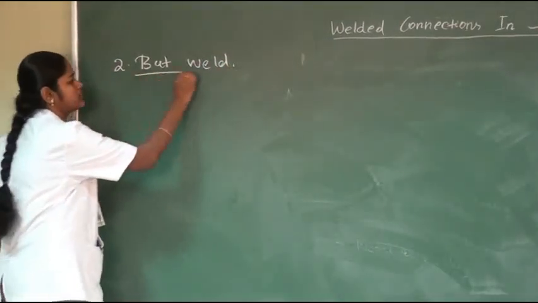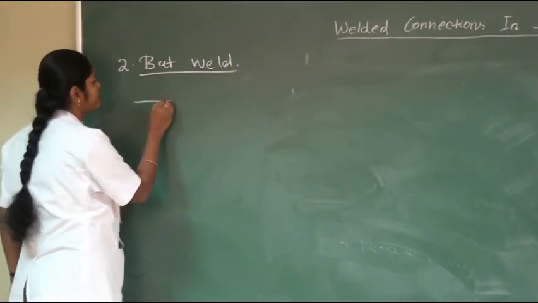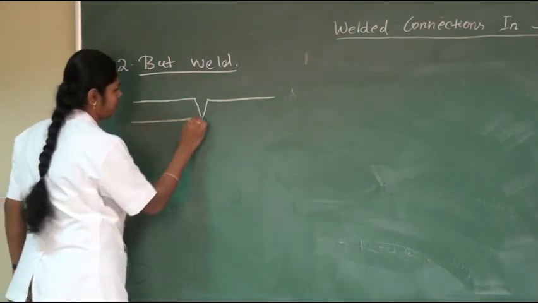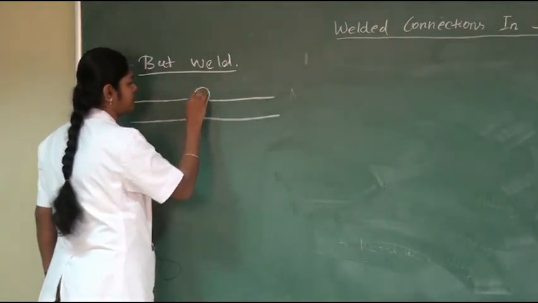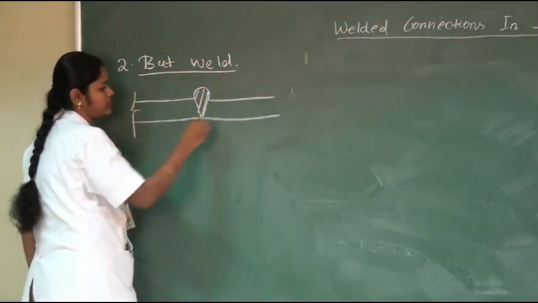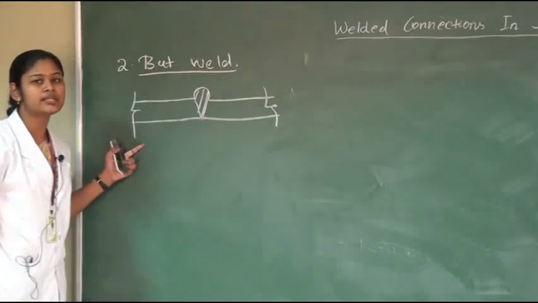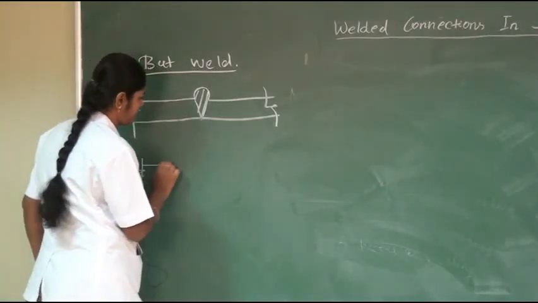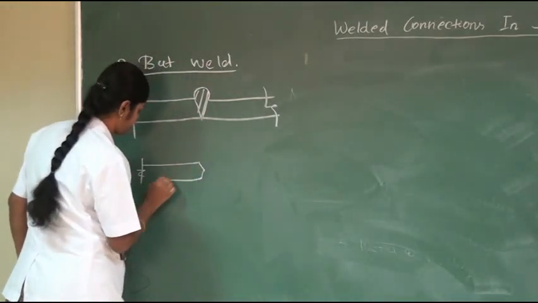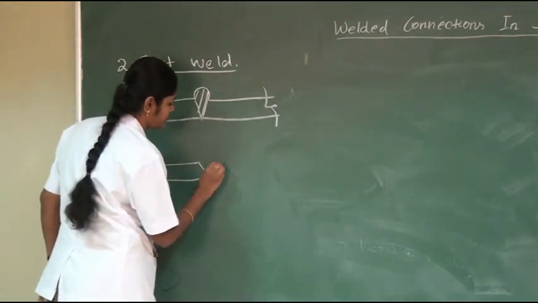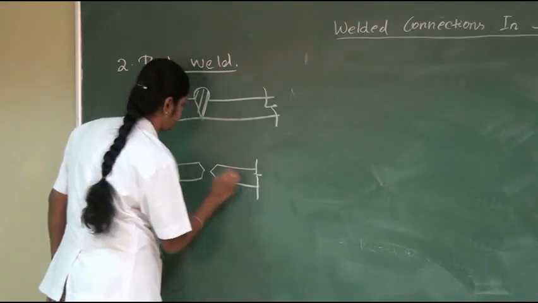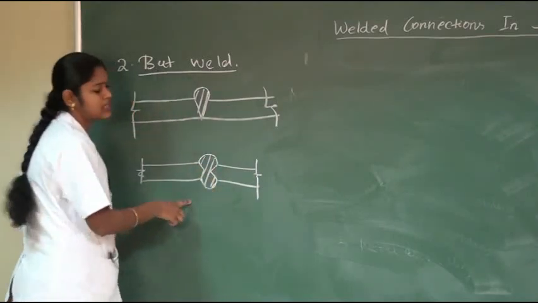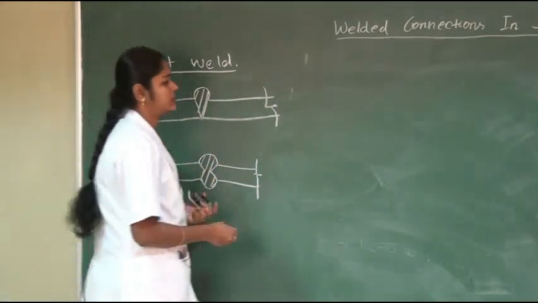The butt weld is of two different types. This is an example for single V butt weld, and then the second type is an example for double V butt weld.